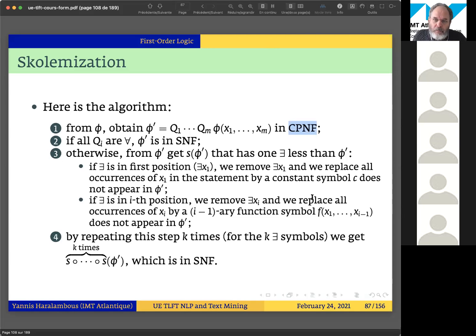So in this case, I replace the variable that is existentially quantified by a function of all previous, universally quantified variables. And by doing this repeatedly, I eliminate all existential quantifiers. So the variables that are existentially quantified are replaced either by constants or by functions of other variables that were quantified before.